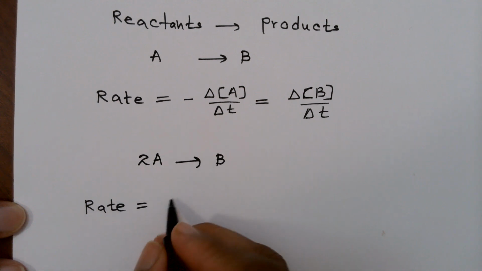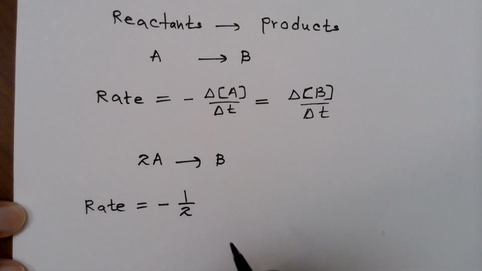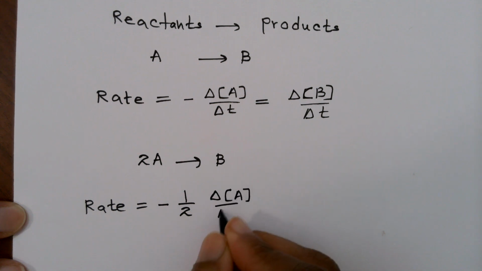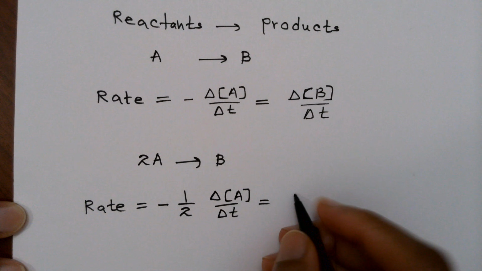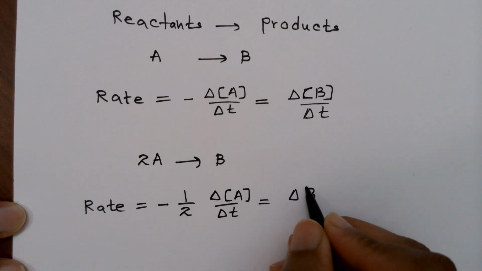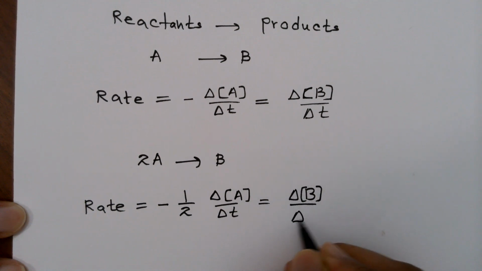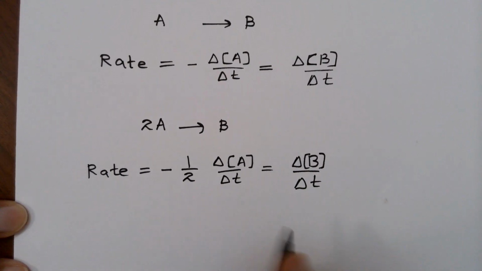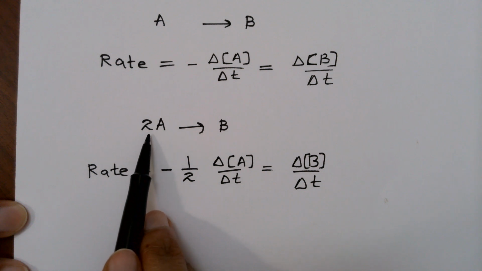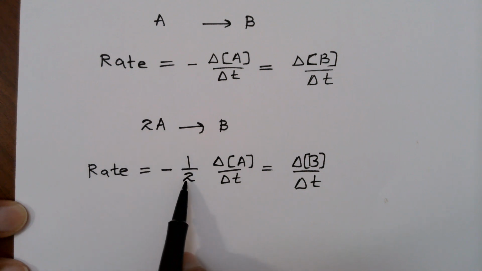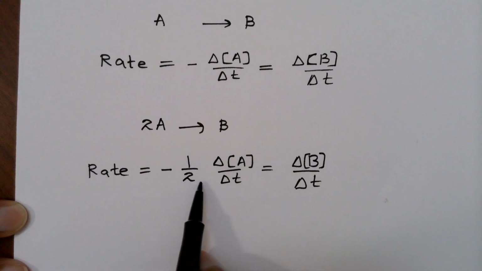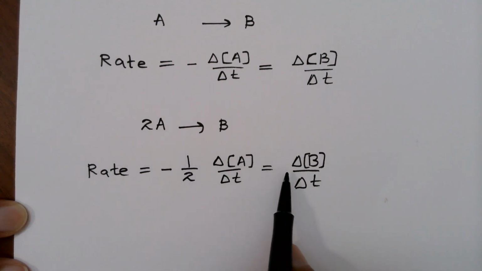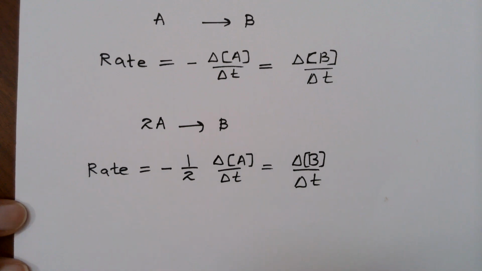Rate is equal to negative 1 divided by 2 times change in concentration of A divided by delta T, which is equal to change in concentration of B divided by delta T. For this reaction, we write the stoichiometric coefficient as a fraction, and the negative sign again indicates decreasing concentration of A with time, but B, being a product, should be positive.